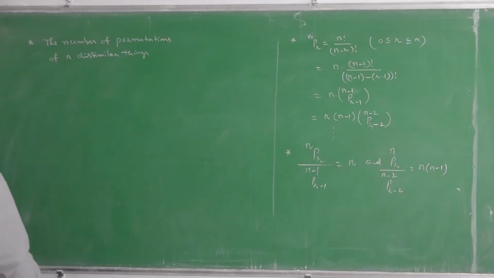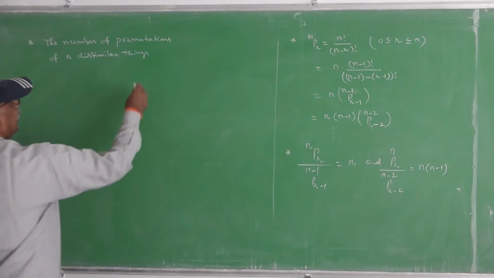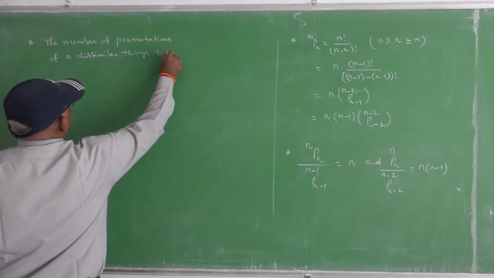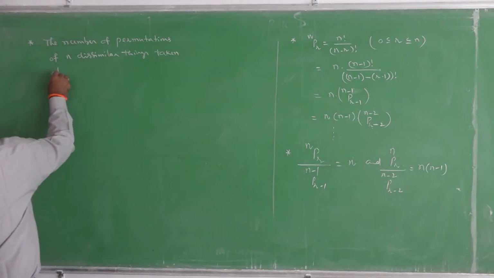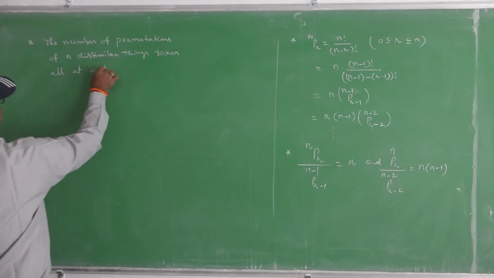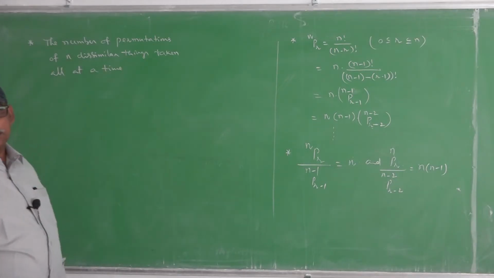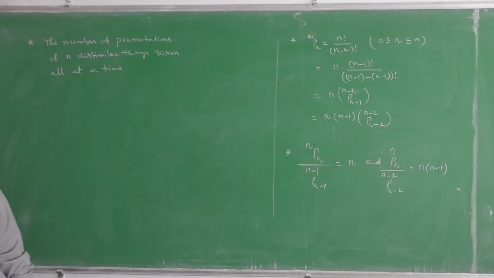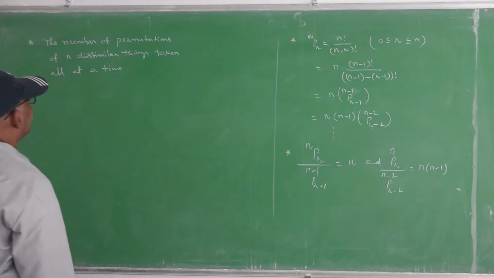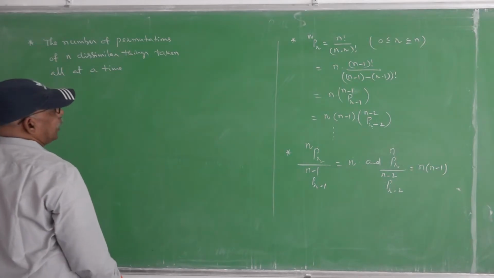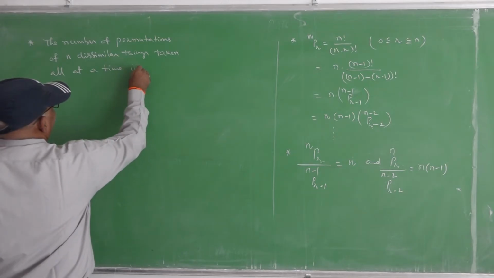The number of permutations of n dissimilar things taken all at a time. Suppose there are n different things taken all at a time. In how many ways can they be arranged in a row? The number of permutations of n dissimilar things taken all at a time in a row.